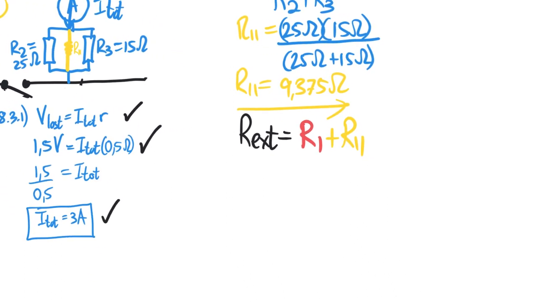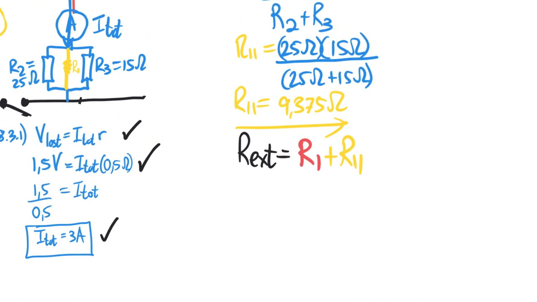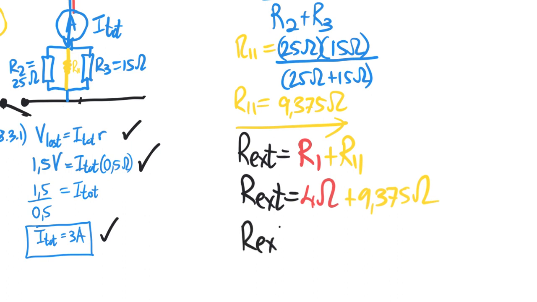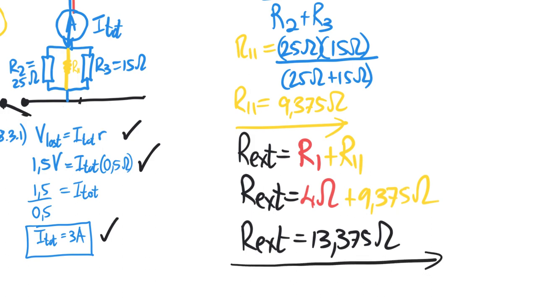And therefore, we can say that R external is equal to 4 ohms plus 9,375 ohms. And adding those together, we get that R external is equal to 13,375 ohms, and that is the total external resistance of the circuit.